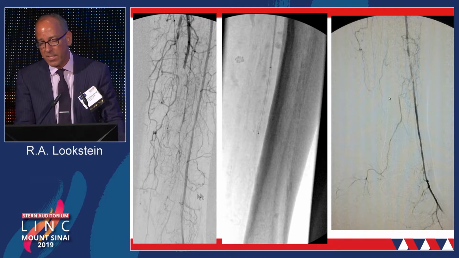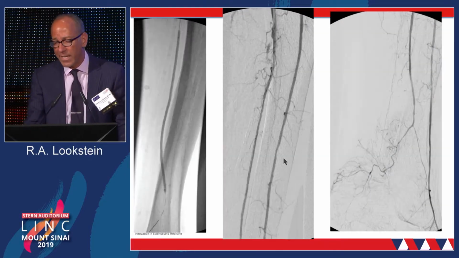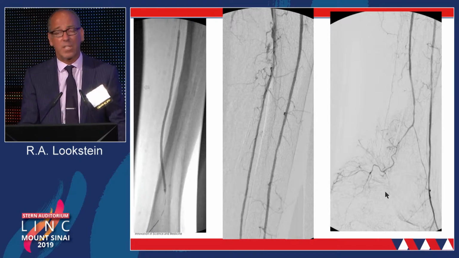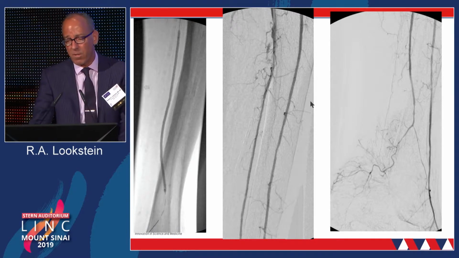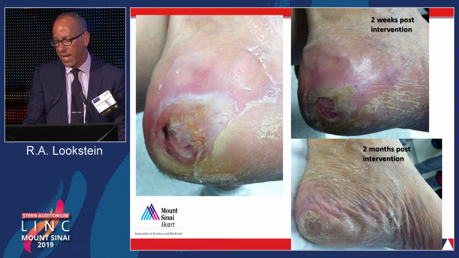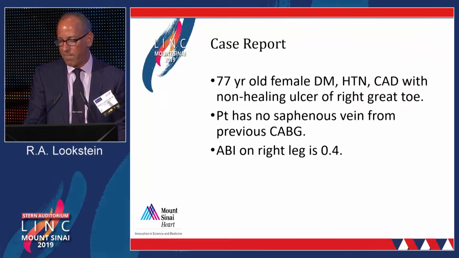This is a CTO device being focused on the peroneal artery. And this was able to be successfully wired, and obviously balloon angioplasty. And now you have direct flow to the posterior division, the posterior communicator of the peroneal artery, giving perfusion to the heel. Again, not ideal, but certainly better than just opening up the anterior tibial artery. And this patient did successfully achieve wound healing. It took several months, as these cases typically do. But again, I think supporting the proof of concept that perhaps direct is better than indirect.